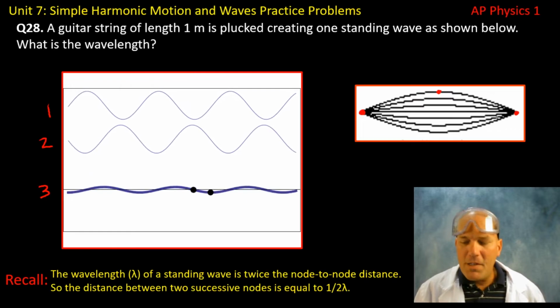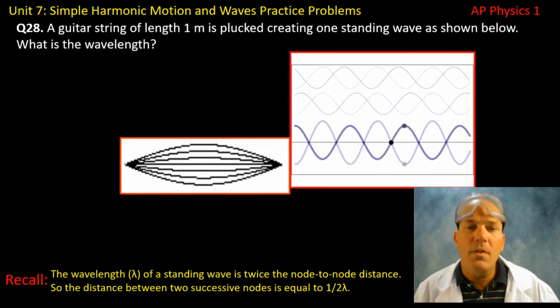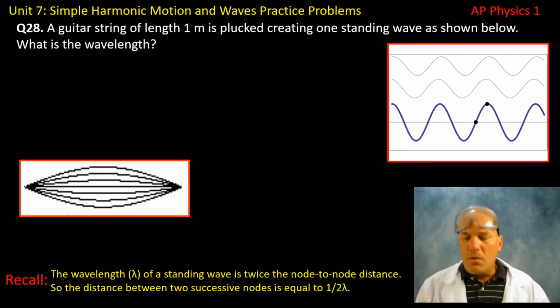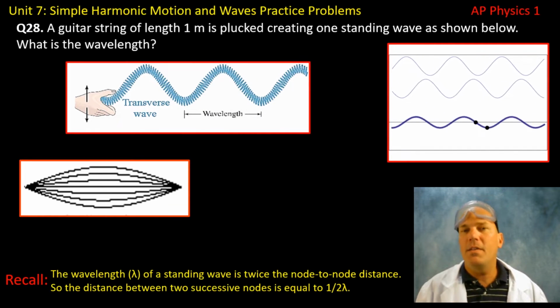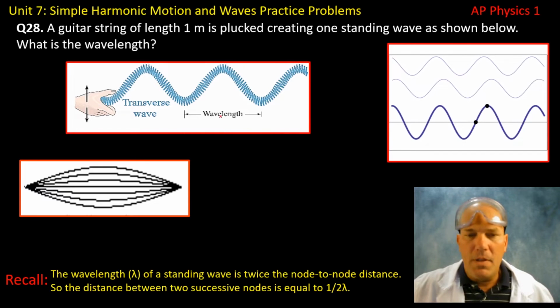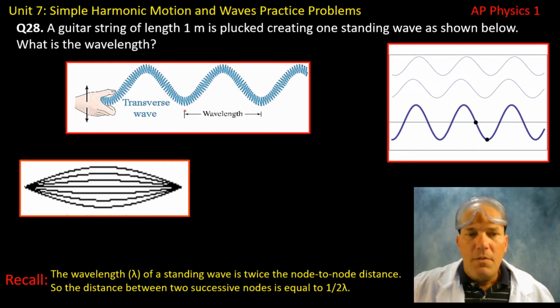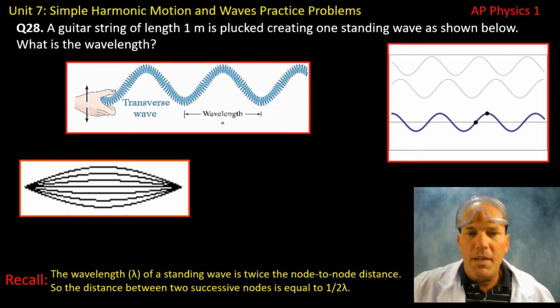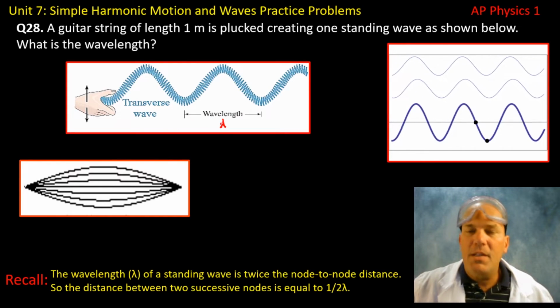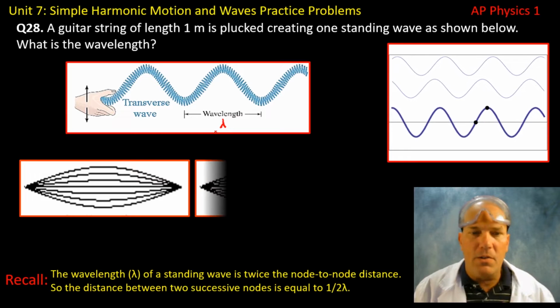All right, now we're ready to do this problem. Okay, so we're going to recall this wavelength, the distance known as a cycle from this point to this point is one wavelength, and we use lambda to denote wavelength in meters.